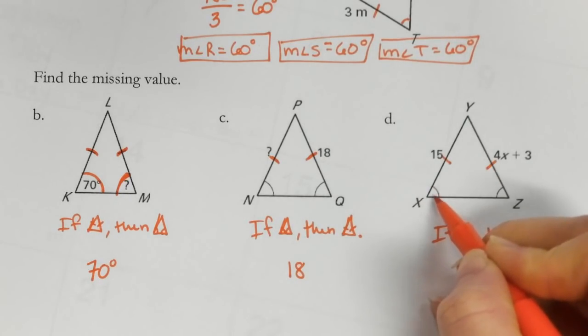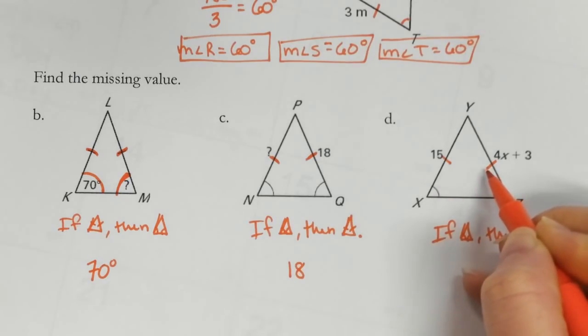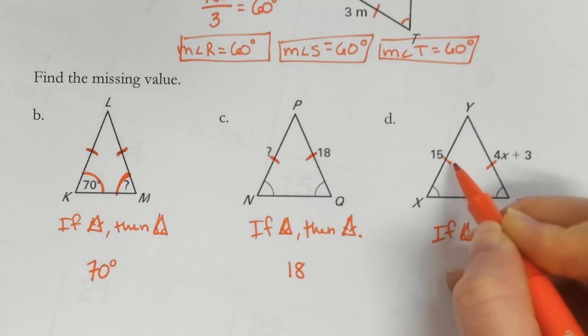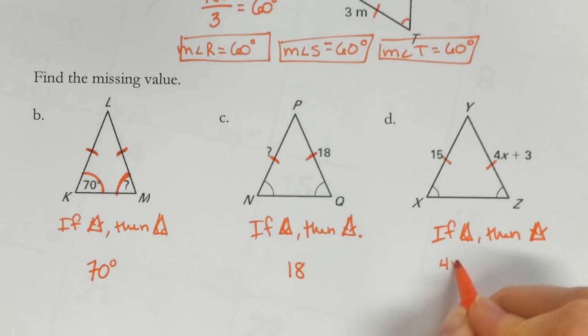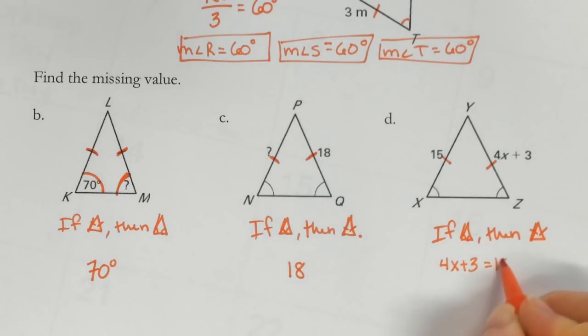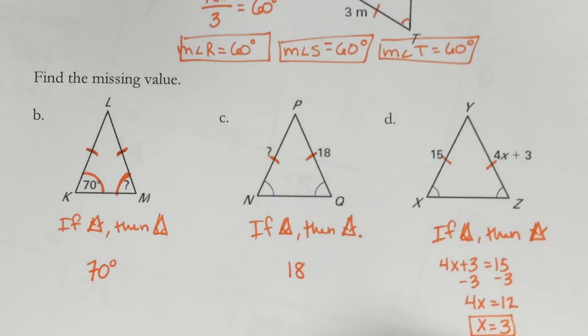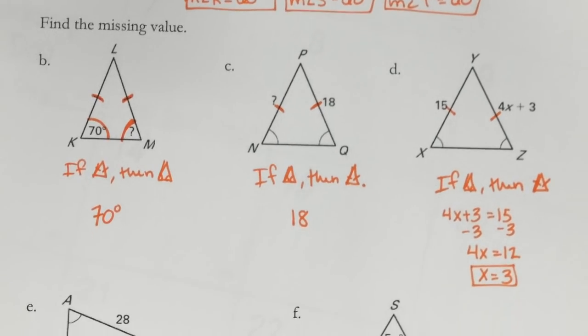Notice I'm just having this angle, I go completely across. So now 4x plus 3 equals 15. So my x is going to be 3 when I solve.